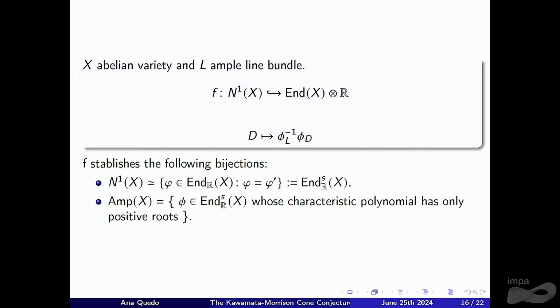Because using this involution and fixing an ample line bundle L, we can embed our N1 in the endomorphism algebra of the abelian variety tensored by R. So this algebra of endomorphisms of my abelian variety has a representation, somehow we are dealing with matrices.